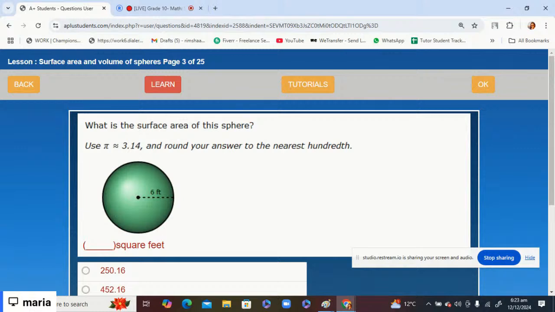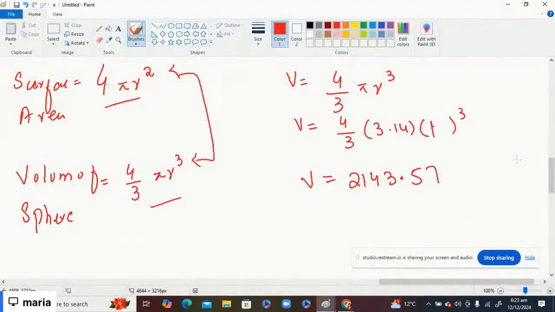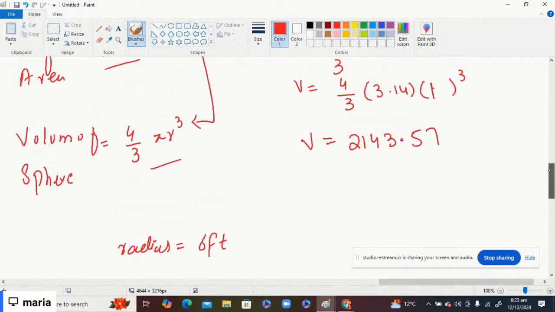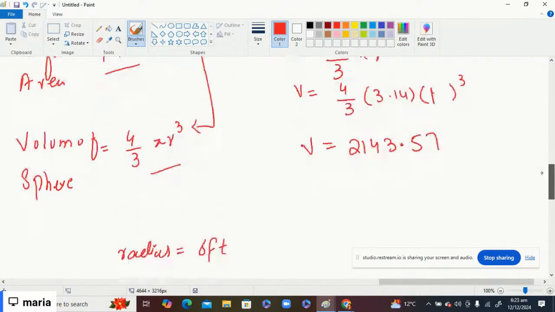Now its surface area is involved. Surface area, radius is given, this is 6 feet. Radius is 6 feet. Okay. So how much are you going to find? The surface area, 4 pi r cube.